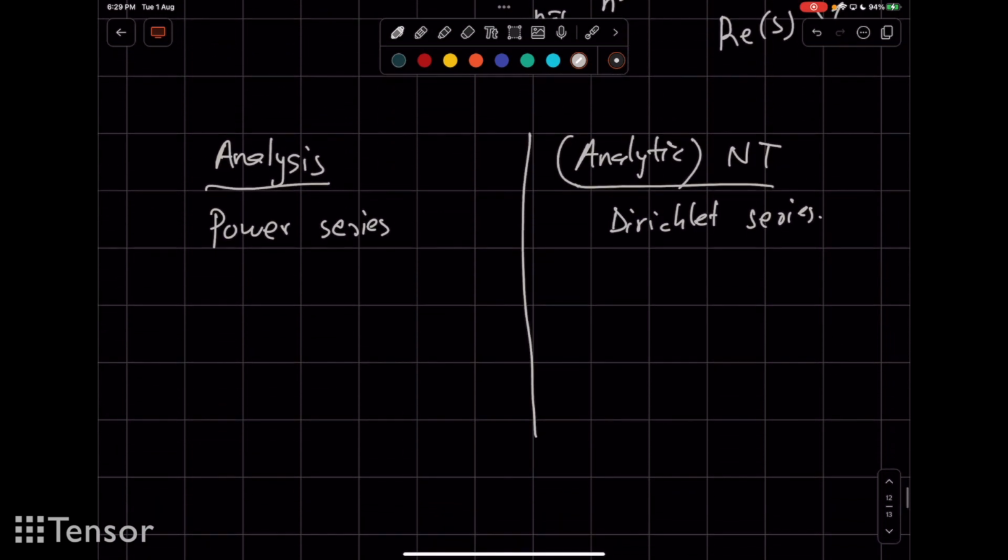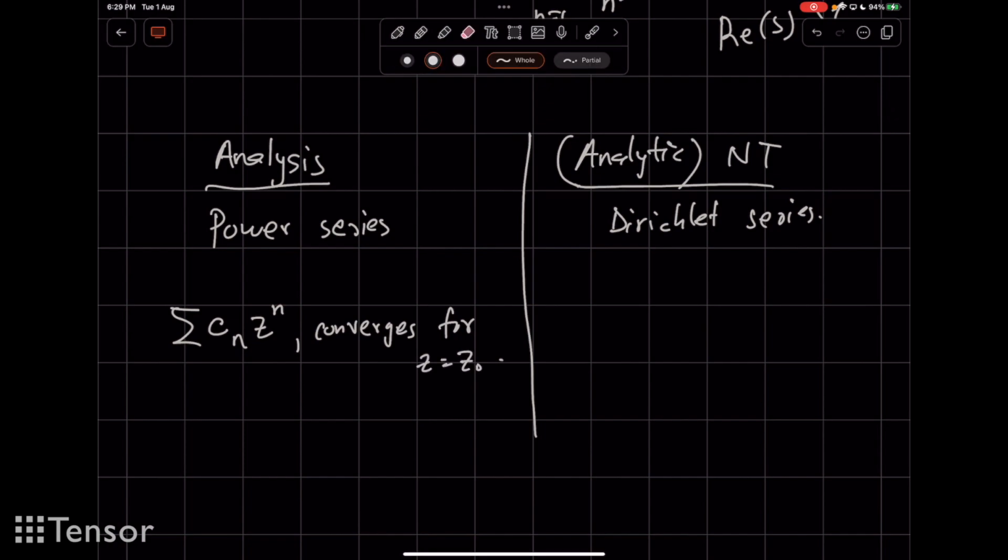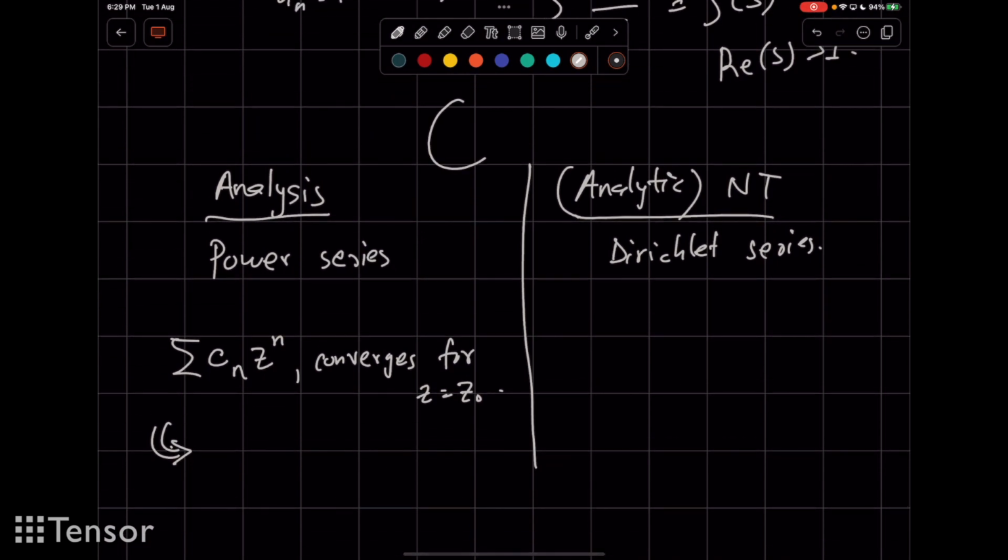Now let's say we have a power series, the sum of c_n z to the n, and it converges for, let's say, z equals z naught. What does it imply? This is a power series that converges, let's say, here. What can we conclude from this?